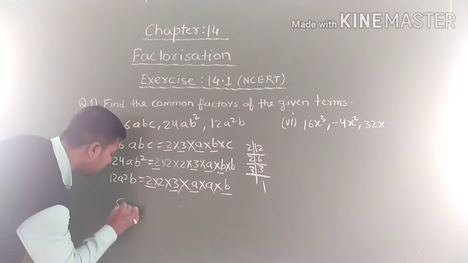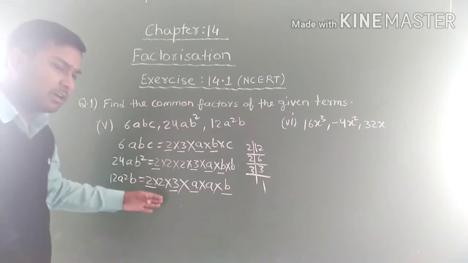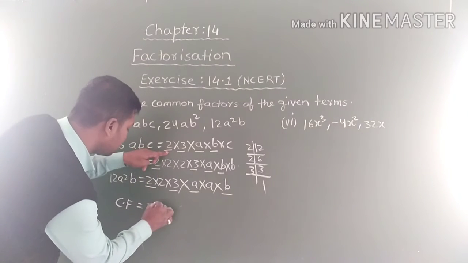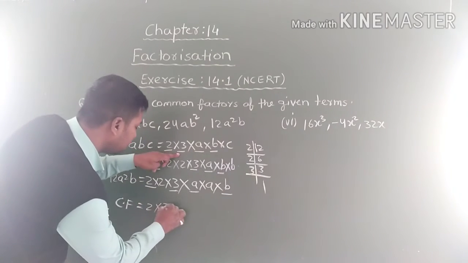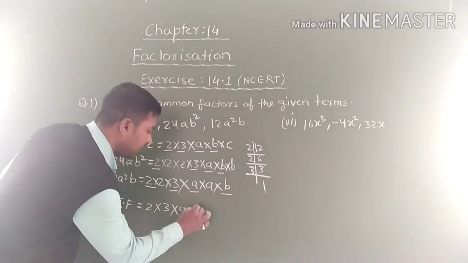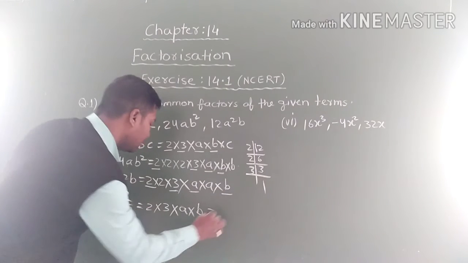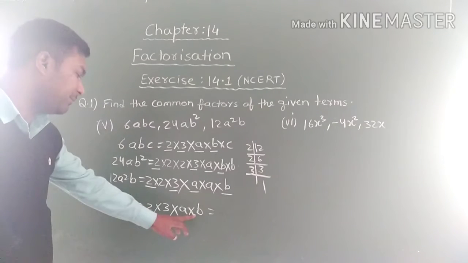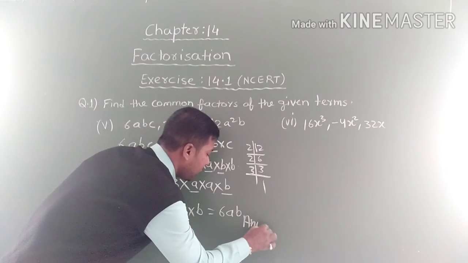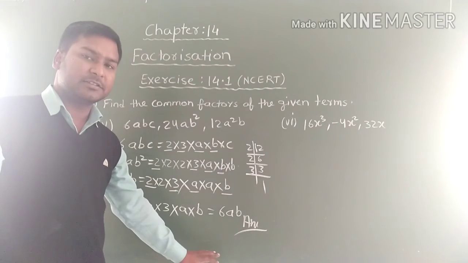CF, the common factor, equals what is common in all these 3: 2 is common, 3 is common, a and b are common. So directly we can write 2 into 3, that is 6ab. So 6ab is the answer. Is it clear? 6ab is the final answer.